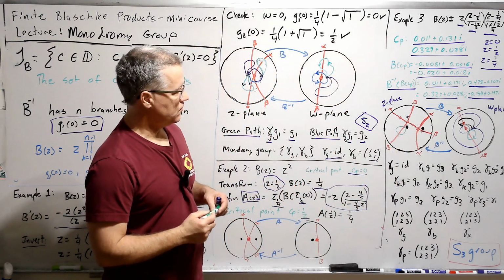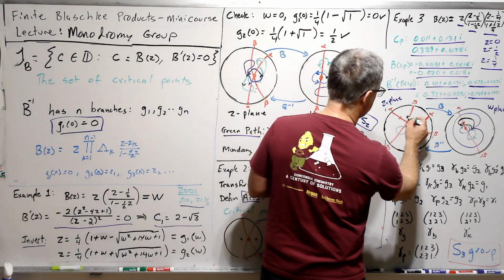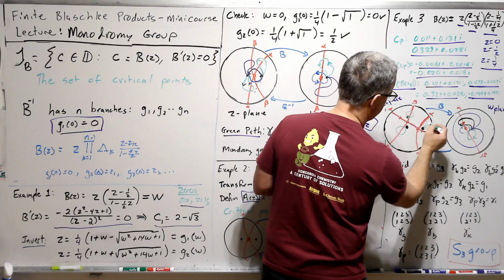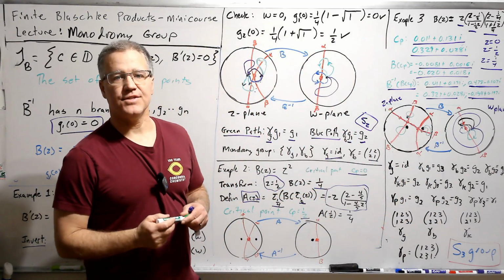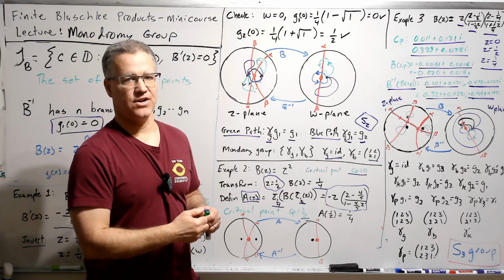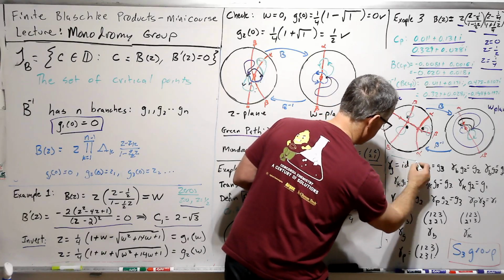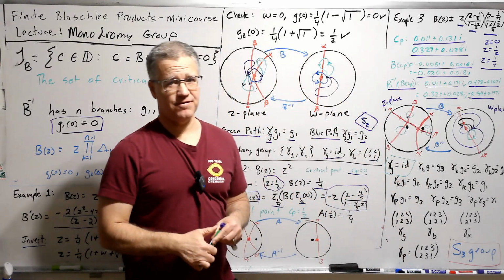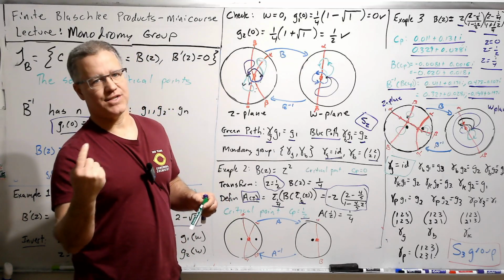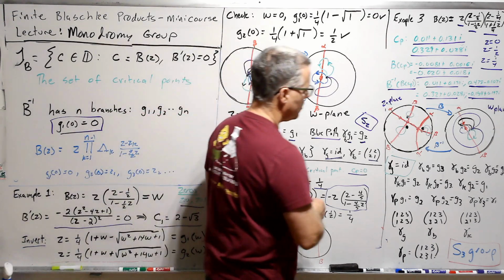If we start here, we get this. If we start here, we get this. And if we start here, we get this. In this case, we end up back where we started, and so the green curve is the identity. We should always be able to find an identity, and I think it is always the one where we don't circle the critical point. Okay, so that's the green one.